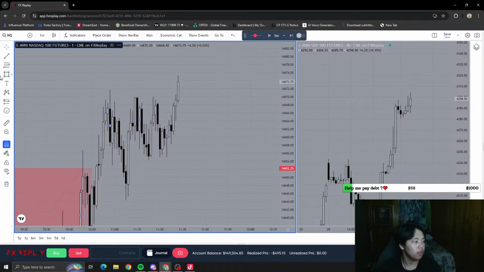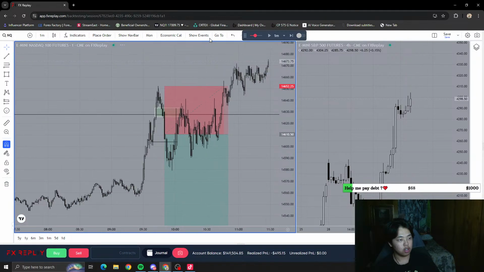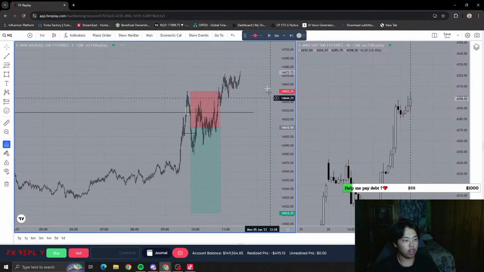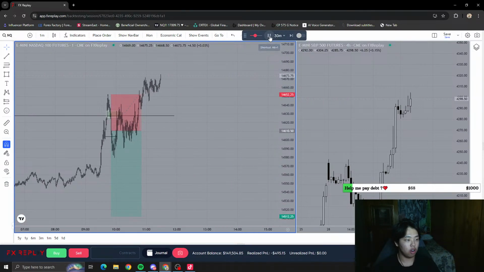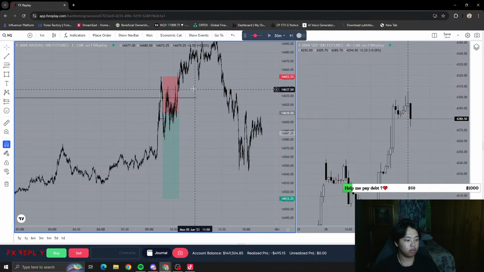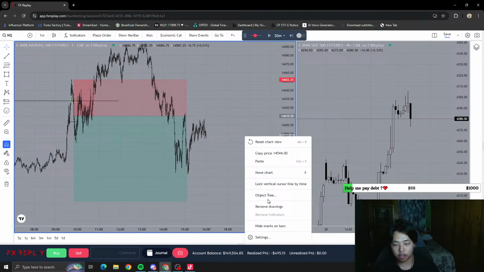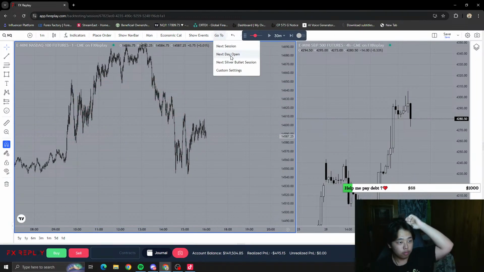Yeah, we just started chopping here, but this is going into lunch session, so I'm just not going to trade this. I want to see if we end up coming down to my target or down here. Yeah, we ended up dumping, but not until later PM session here. All right, let's go next day.